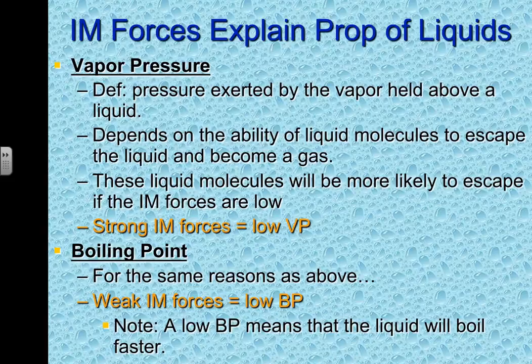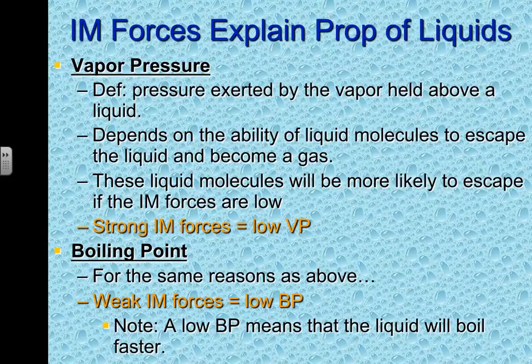Boiling point, I know that you know what it is, but when you look at the exact same ideas that we just talked about, for the same reasons above, if you have weak intermolecular forces, meaning that your molecules are not held very tightly together, you're going to have a very low boiling point, which means that the liquid boils faster.